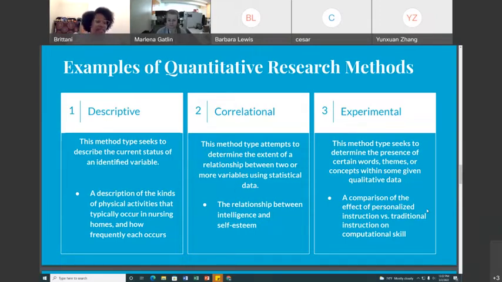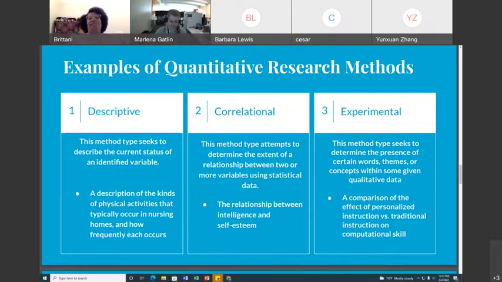So in this type of design, relationships between and among a number of facts are sought and interpreted. This type of research will recognize trends and patterns in data, but it does not go so far as to prove causes for the observed patterns. There's a different method of quantitative analysis for that.